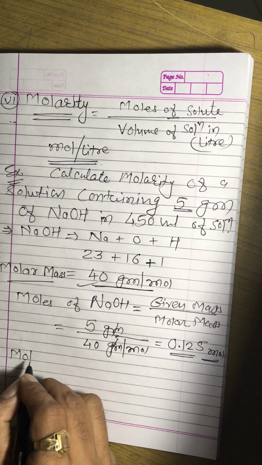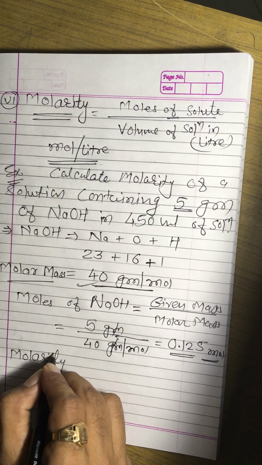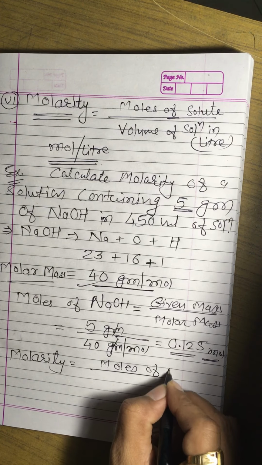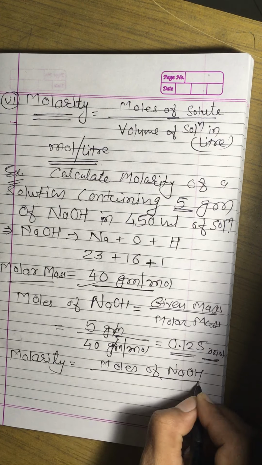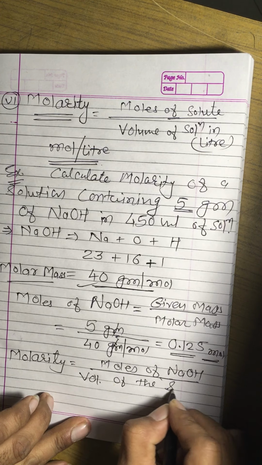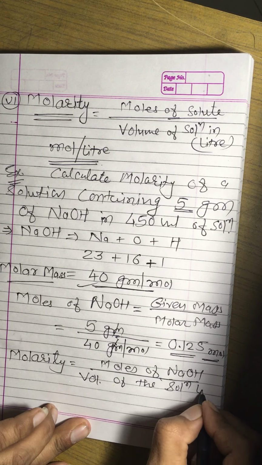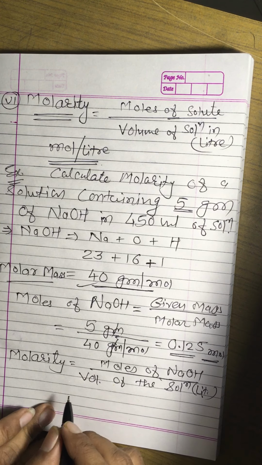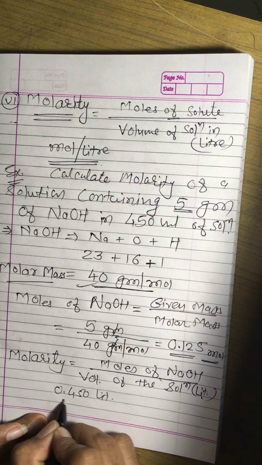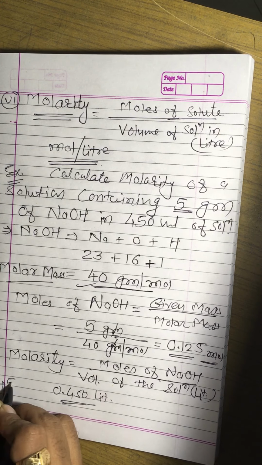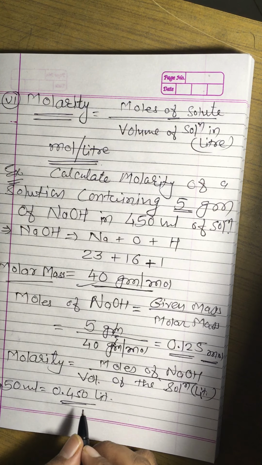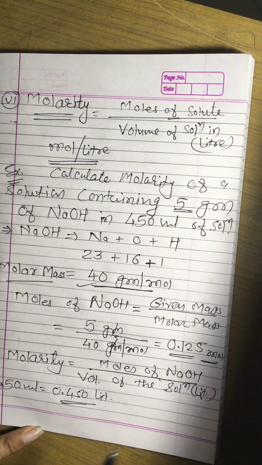Now I want to find molarity. Molarity is equal to moles of NaOH upon the volume of the solution, which must be in liter. Here 450 ml is given; if we divide it by 1000, we obtain 0.450 liter.